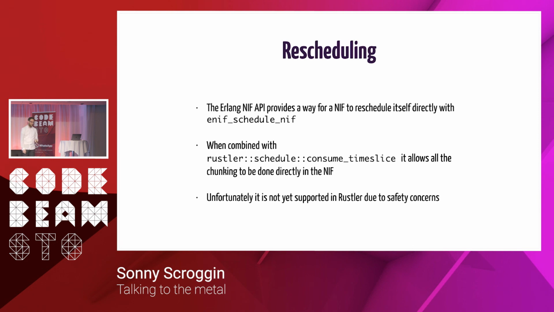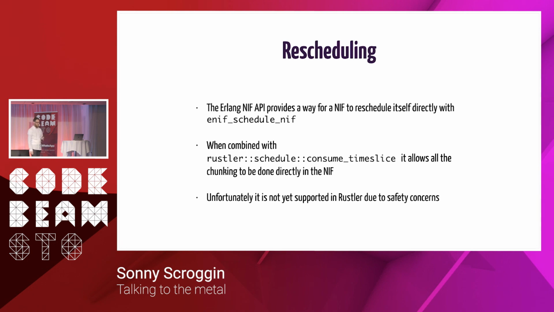So if we can come up with an idea around how to do that at compile time, then we'll add support for it. But for now, we're not going to support it. However, we have thought about making it an unsafe feature. So anything that's flagged as unsafe in Rust, it's like, hey, you know what you're doing, and you better do it right. Otherwise, you could do bad things.